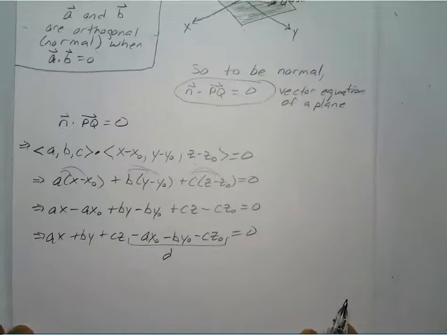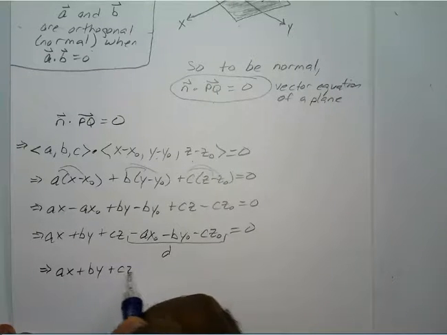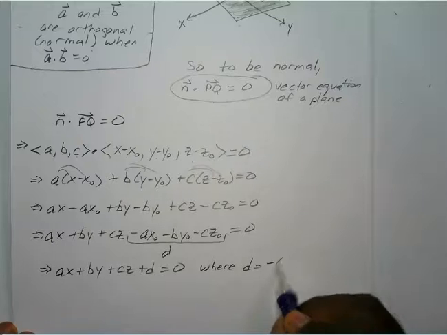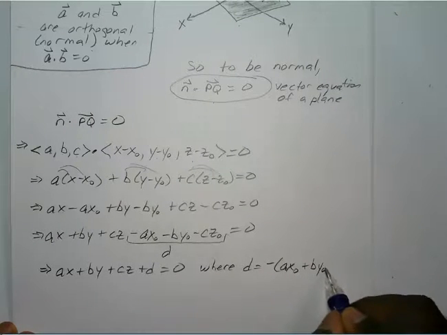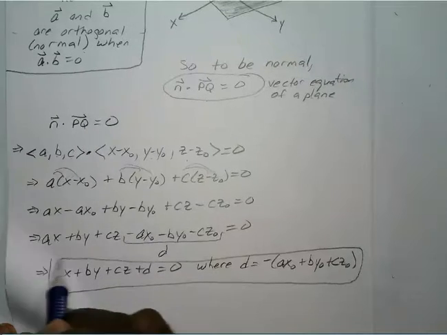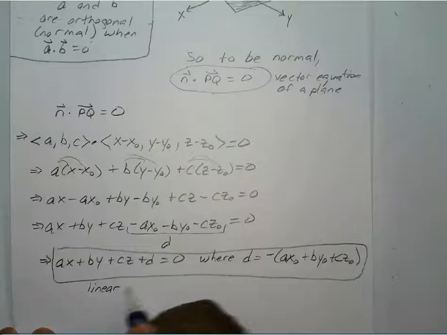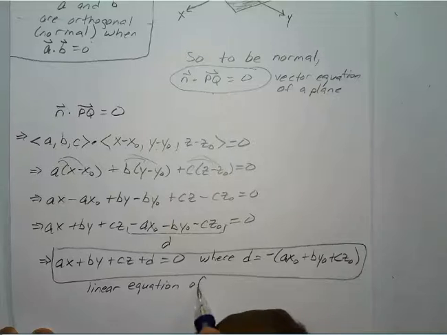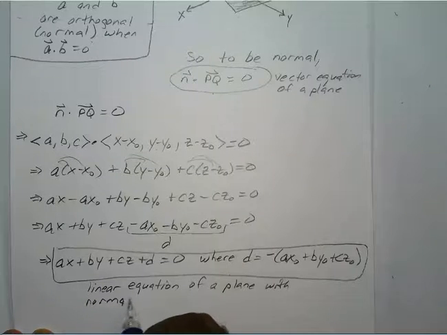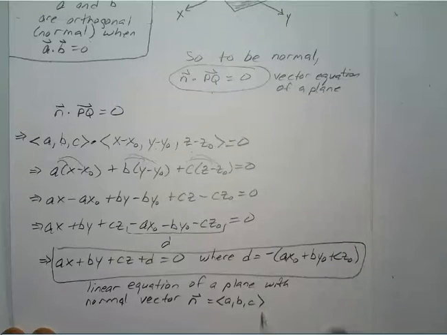That gives us the equation ax plus by plus cz plus d equals 0, where d is equal to negative (ax0 plus by0 plus cz0), and that gives you your formula for a linear equation of a plane. So the linear equation of a plane with a normal vector n, which is equal to a, b, c.